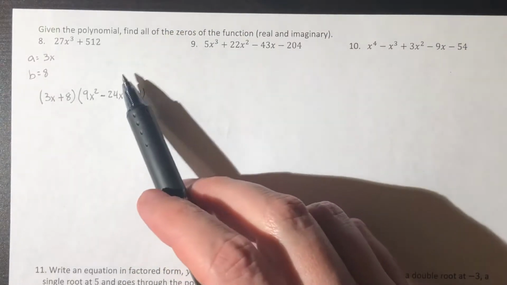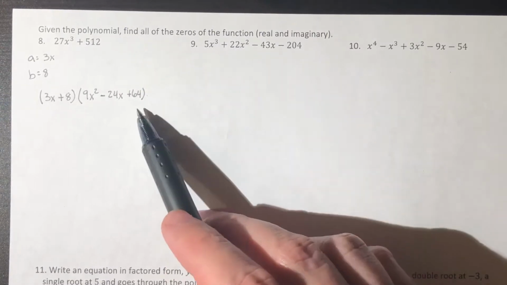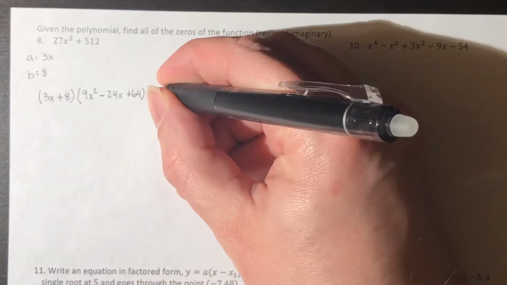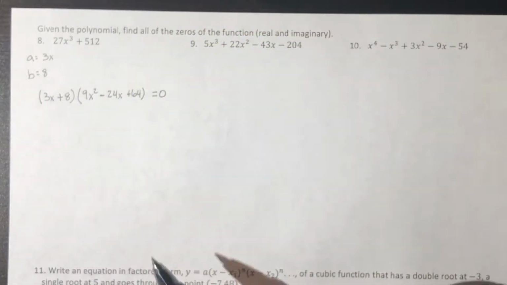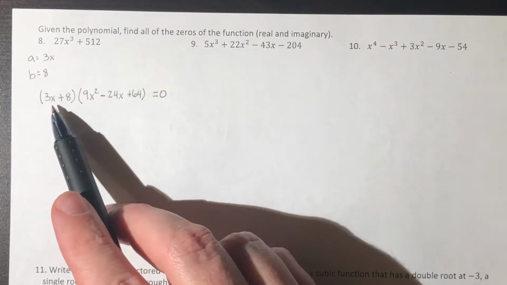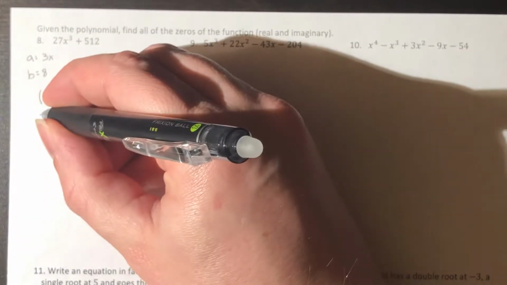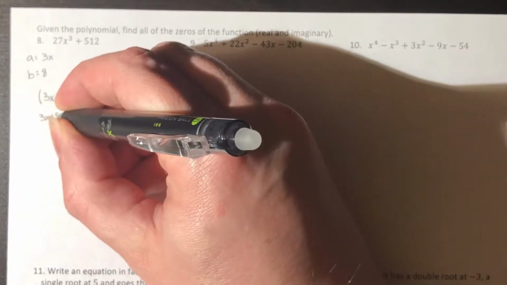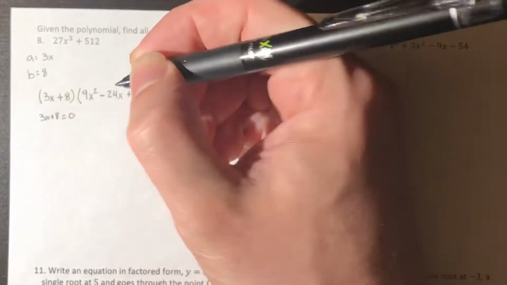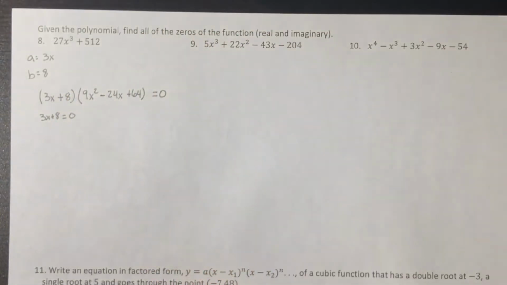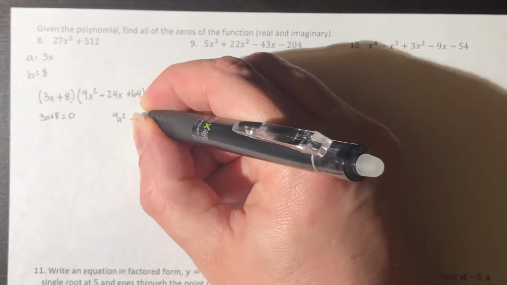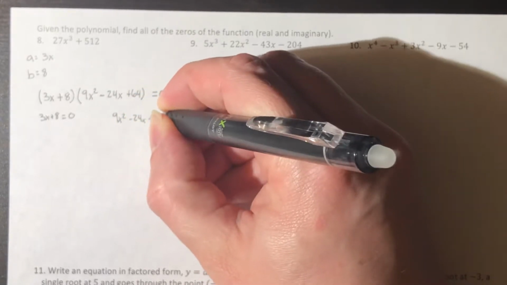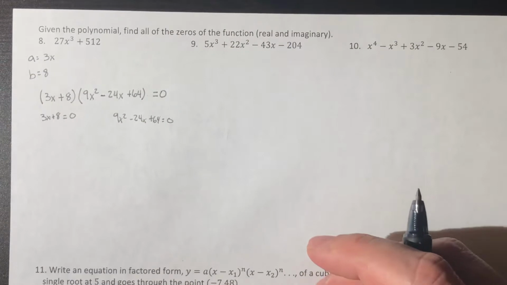Now, what I'm trying to do is find the zeros, so I need to set this equal to 0. So that means either 3x plus 8 equals 0, or 9x squared minus 24x plus 64 equals 0.